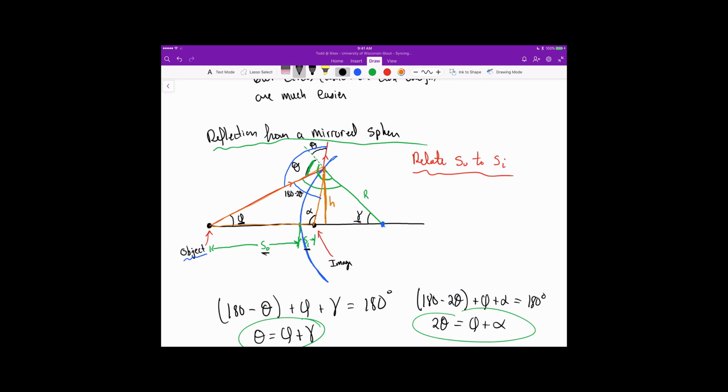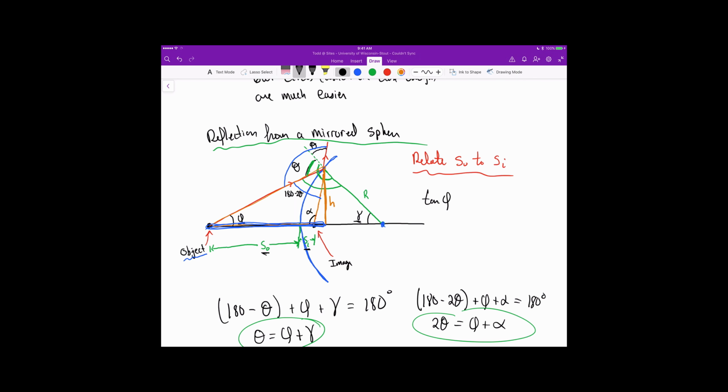So what I have is that tangent of phi is approximately, now notice this isn't working perfectly because I don't actually know this entire distance here, but I can approximate that distance by s naught.